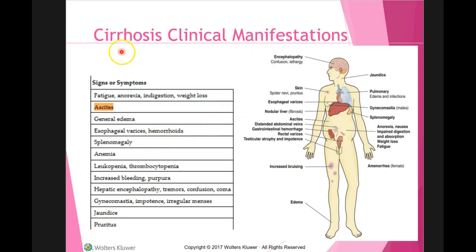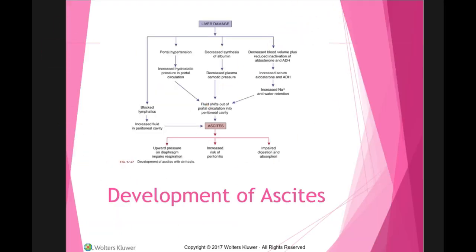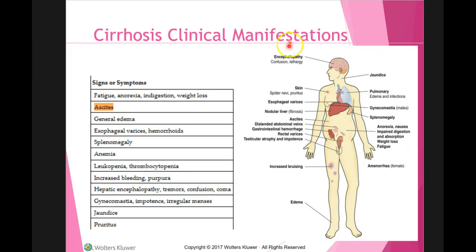So although the disorder that we're looking at is cirrhosis, really what you want to focus on is ascites, and what was on that last slide as far as the development of ascites. But generally speaking, cirrhosis signs and symptoms: fatigue, anorexia, indigestion, weight loss, metabolic dysfunction in the liver. Remember, your liver is the main area of metabolism.